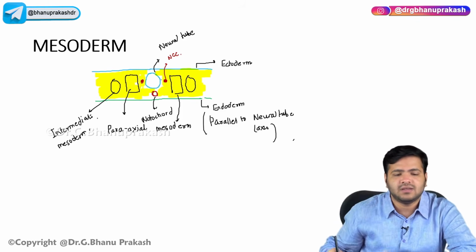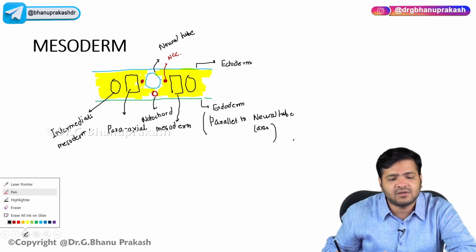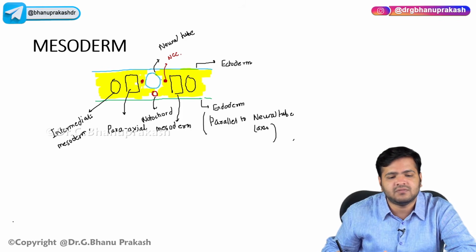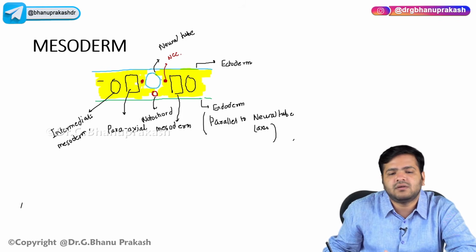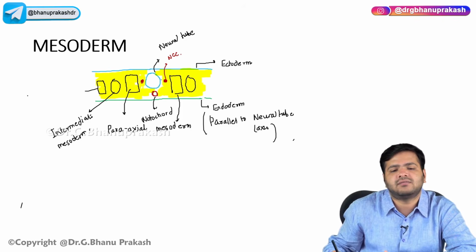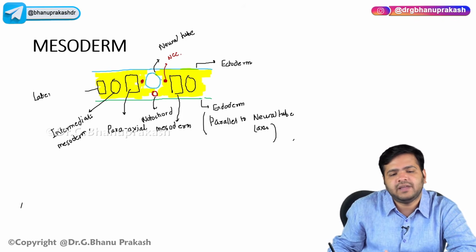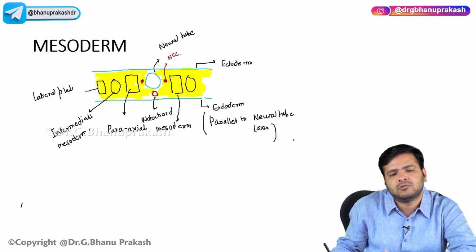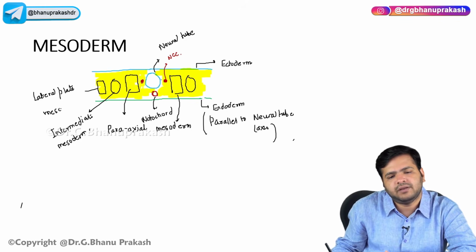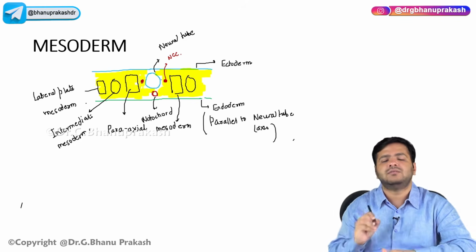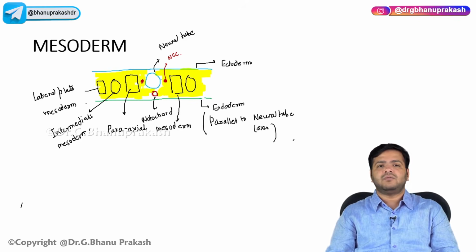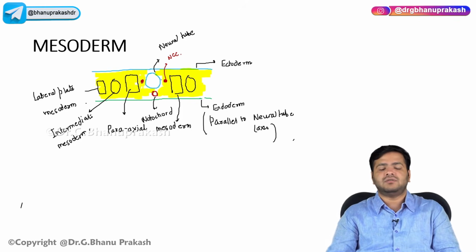And the last one is towards the lateral side, so it is called the lateral plate mesoderm. So we have three types of mesoderm.